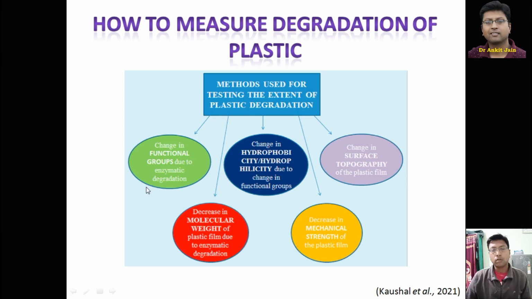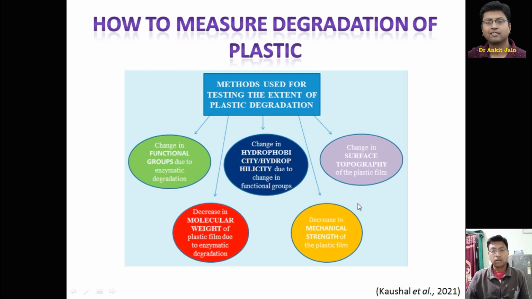So how the degradation is to be measured? The degradation of a plastic is generally measured by change in the functional group due to enzymatic degradation. There is change in the hydrophobicity or hydrophilicity of the plastic material. There is change in the surface topography.